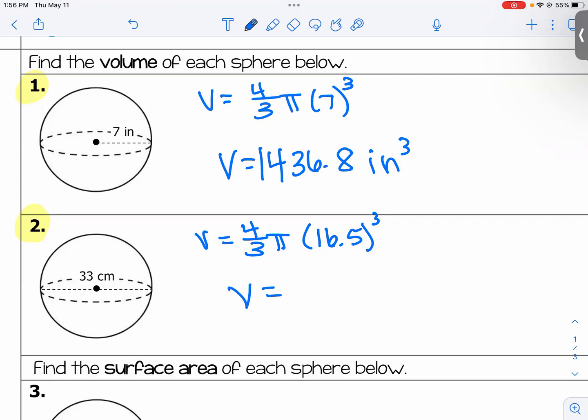I keep getting these. I got 1,000. I got 1,881. I got 18,000. 18,816.6. All right, here is what your answer should be for number two.